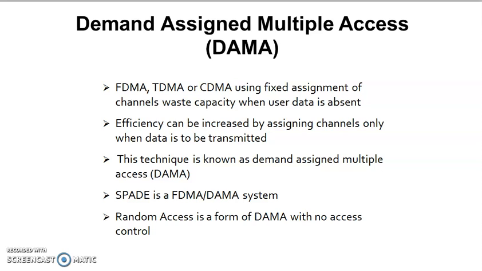Efficiency can be increased by assigning channels only when data is to be transmitted, and this technique is known as demand assignment multiple access, DAMA. SPADE is an FDMA DAMA system, which we have already learned. Then random access is a form of DAMA with no access control.